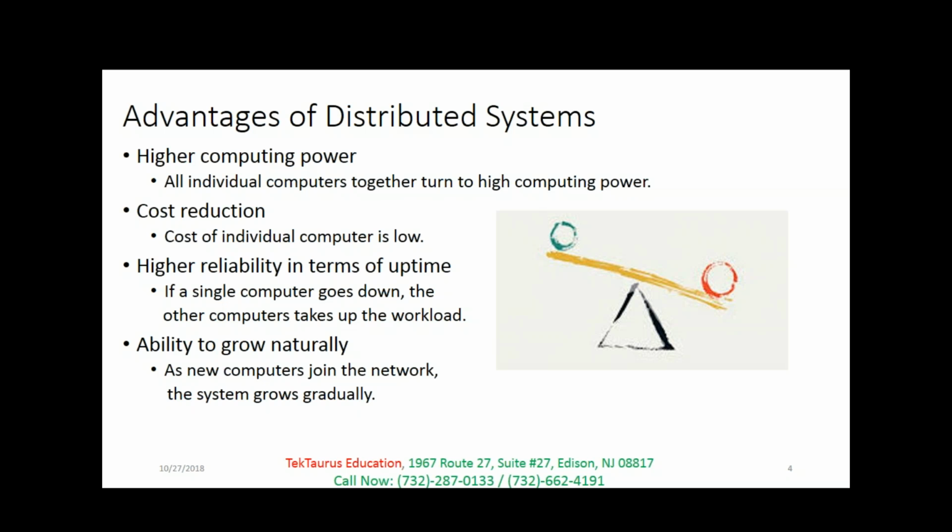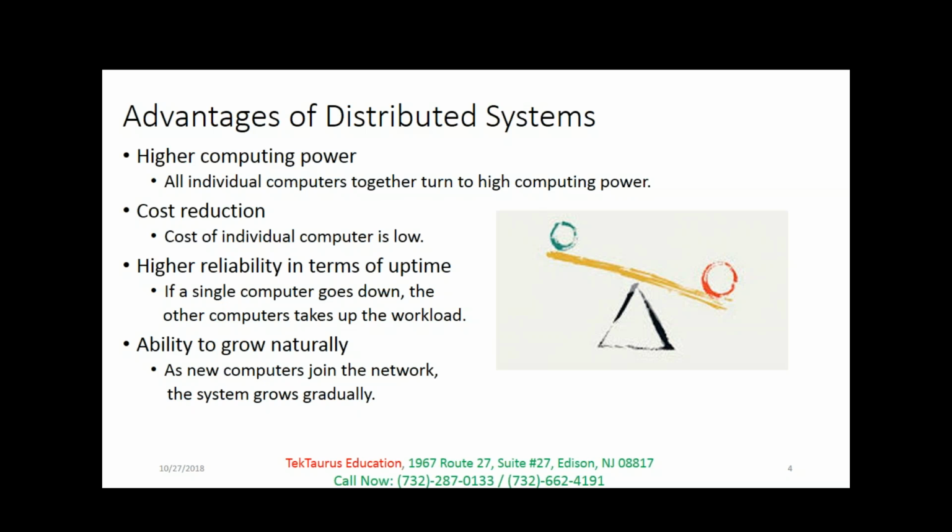If we need more computing power, we can add, and if we are not using any computing power, we can remove. So a distributed system is a kind of flexibility, where our cost is reduced, and based on the demand we can switch to higher or lower systems. So in terms of cost reduction, it helps.